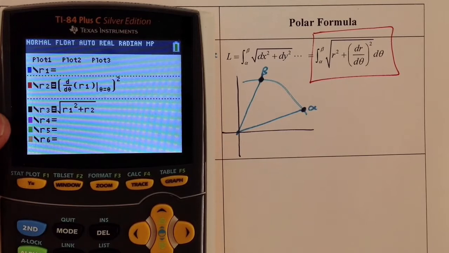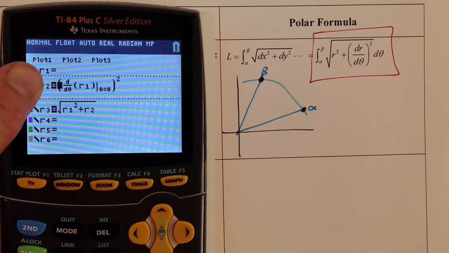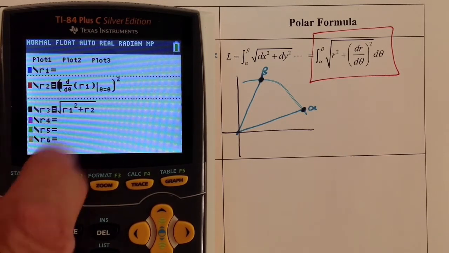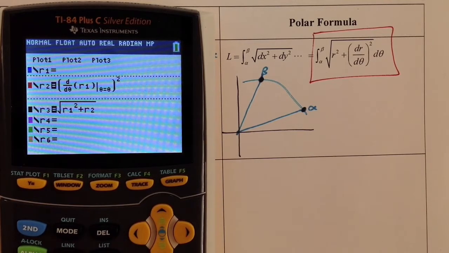Obviously there's going to be an r there because you're in polar mode. r is a function of theta. And so I want you to define your r2 to be the derivative of r1, with theta equaling theta. So down here you go theta equaling theta. Now theta will be the independent variable button, and then make sure you square it.